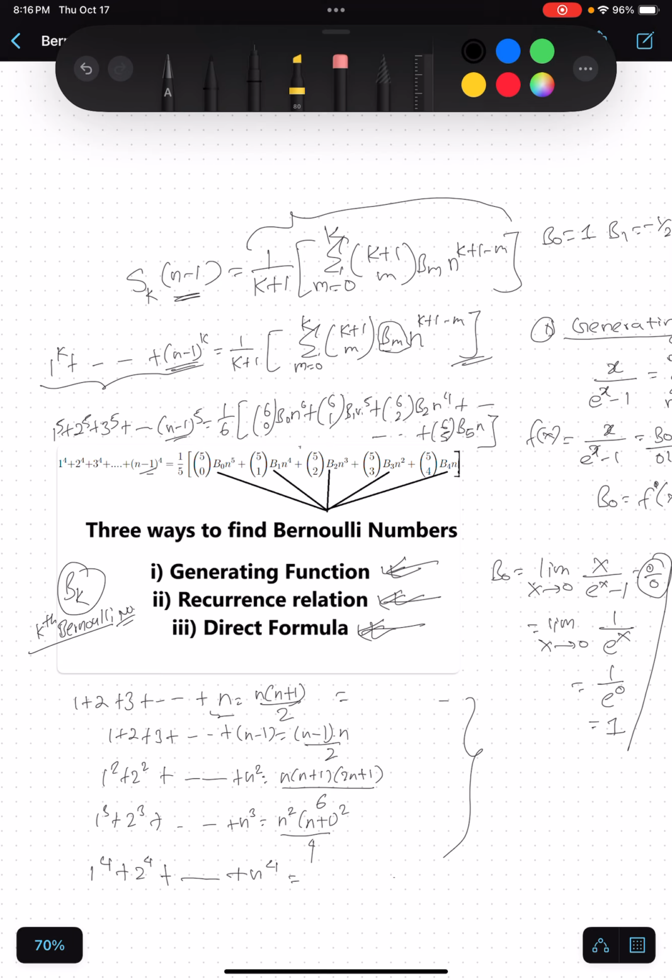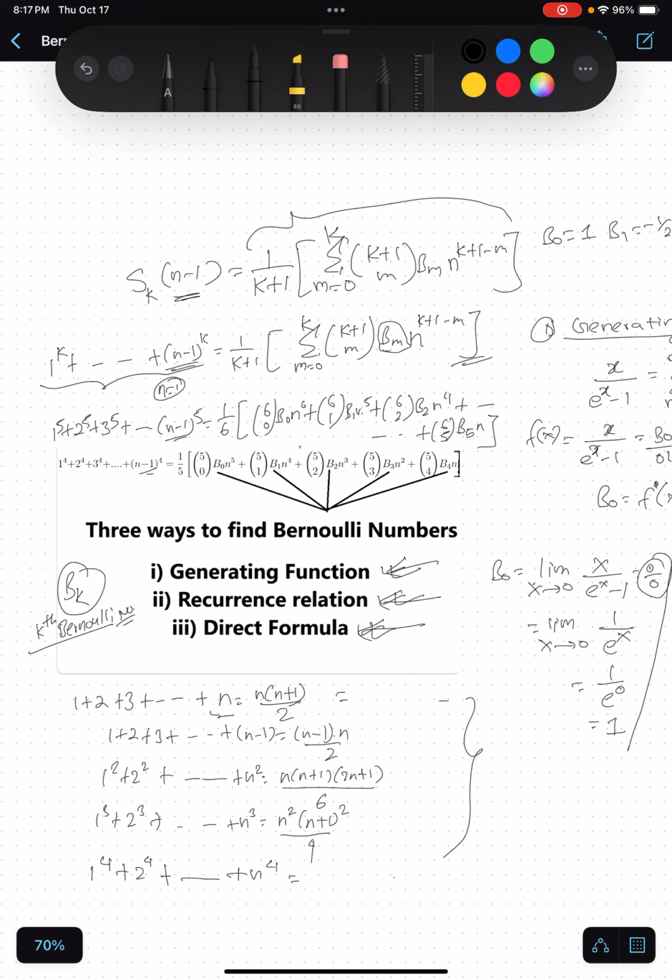Now let's say, what if you just want to sum up to the first term? I mean, what if you just put n equals to 1 over here?